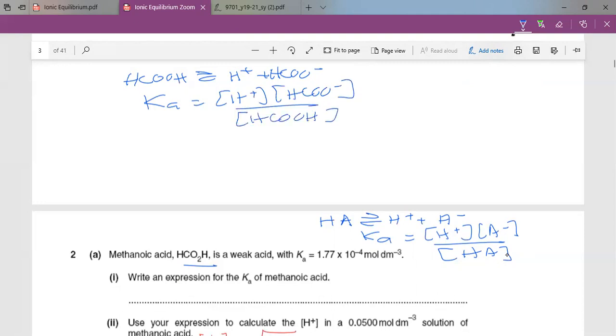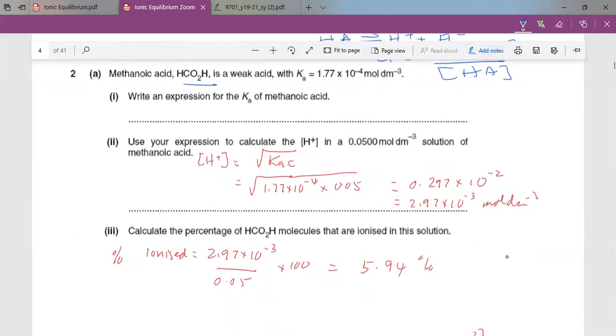Okay, this expression, and calculate the concentration of H plus here for this is the concentration in the solution of methanoic acid. So again, see this famous equation, root KaC. Put the Ka inside here, the C inside here, and voila, you solve it.